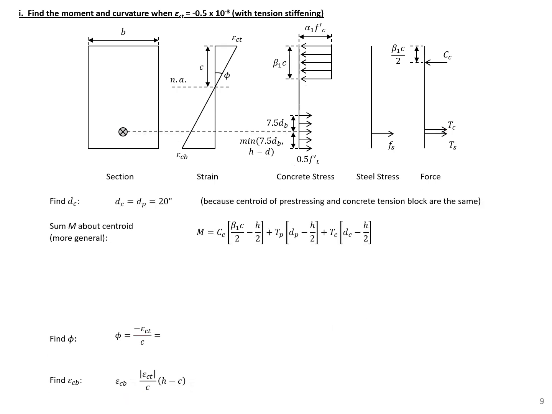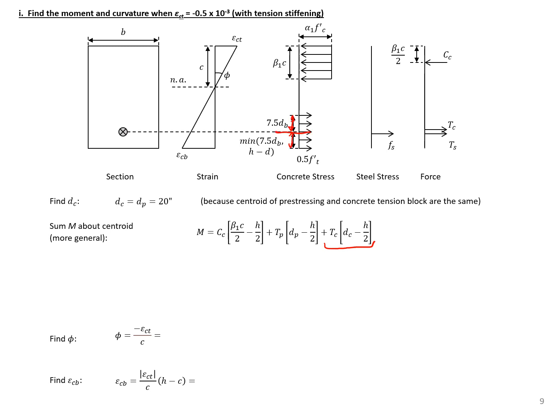With this value of C, we can find our moment. So we can add in our additional moment term for our tension stiffening component. And for this, we need to know the centroid of our tension stiffening block. So we have 7.5 d_b above and below our strands.